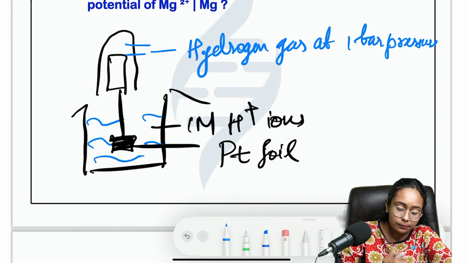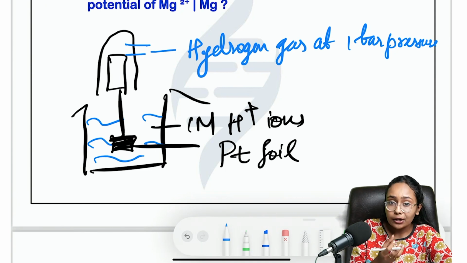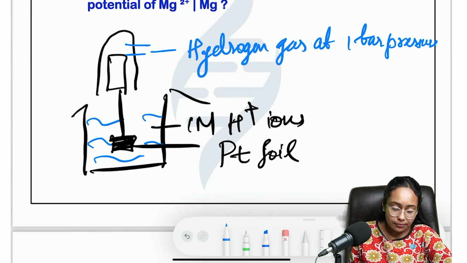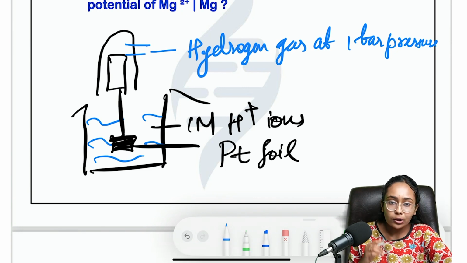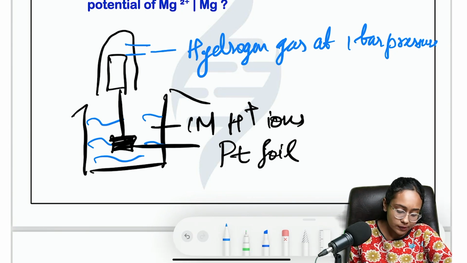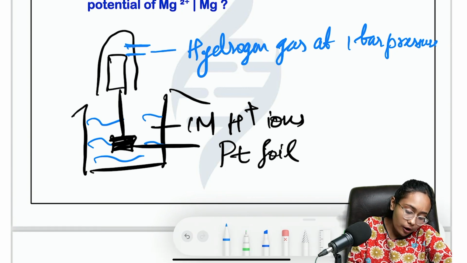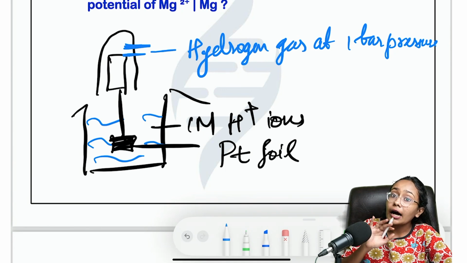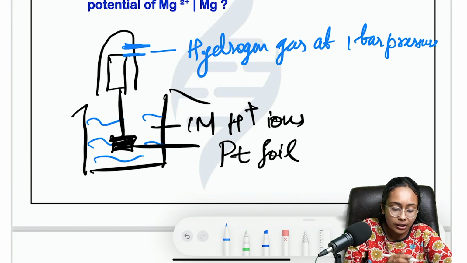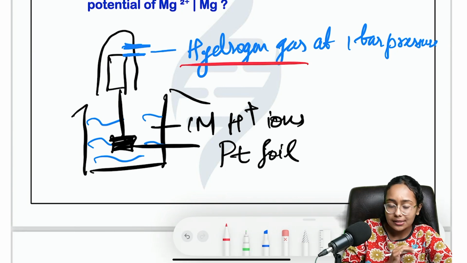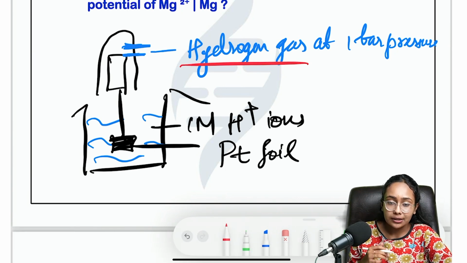We have a platinum electrode coated in platinum black, and the solution I use is any solution having 1 molar H+ ions. Here I'm bubbling hydrogen gas at 1 bar pressure, under standard pressure and temperature conditions. So this is the setup of the standard hydrogen electrode.